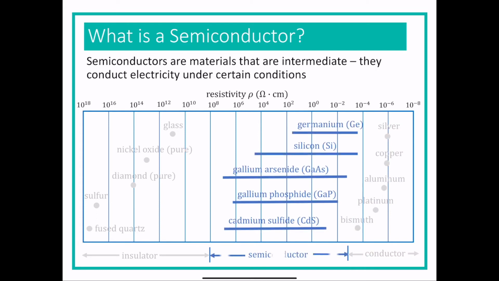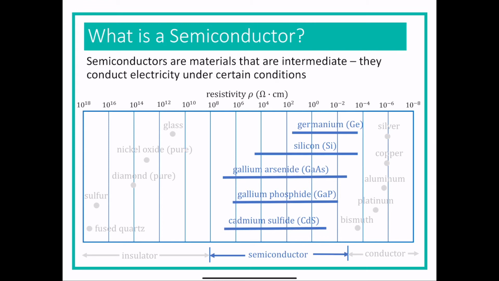Semiconductors, on the other hand, have a range. That's one of the reasons that they are different, because they can have a range of resistivity depending on how they're manufactured. So they mostly fall into kind of the same range of resistivity values, but for the most part, they can be anything within their range, depending on how they're manufactured and then what else might be added to them.